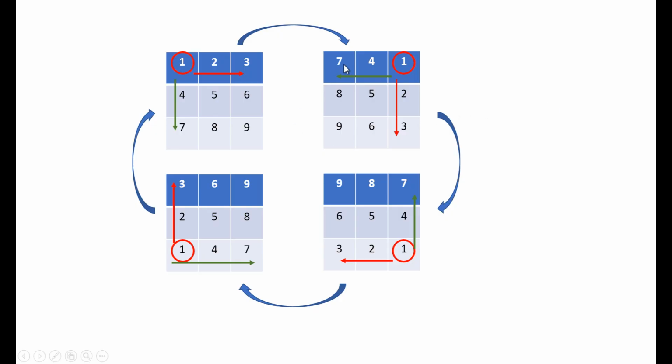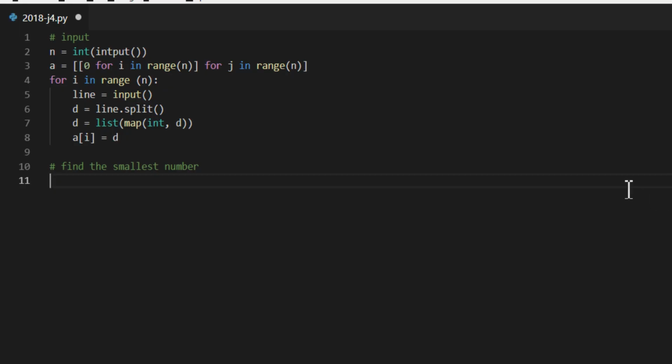We have 4 scenarios, and in each scenario the smallest number is at the corner. So when we do the comparison, we can just compare the numbers at the 4 corners, and the smallest number is in one of the locations of top left, top right, bottom right, bottom left.